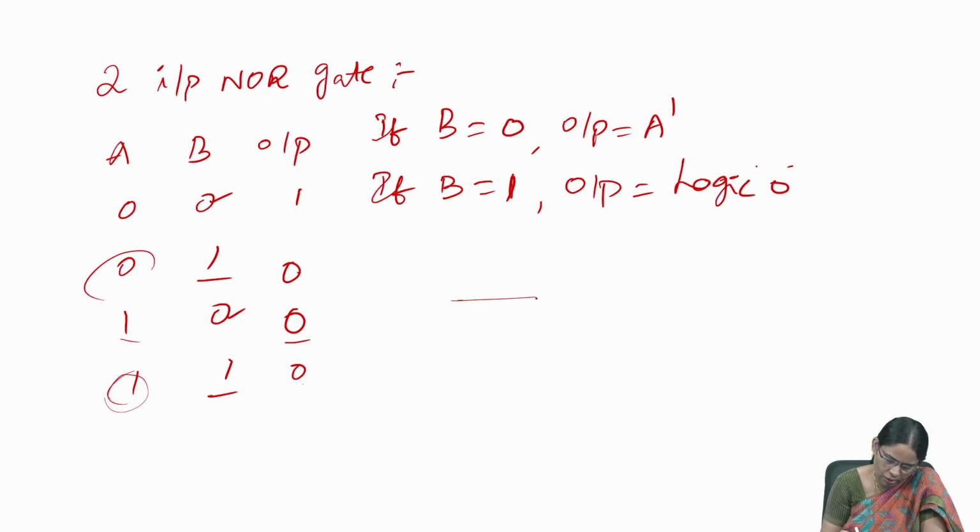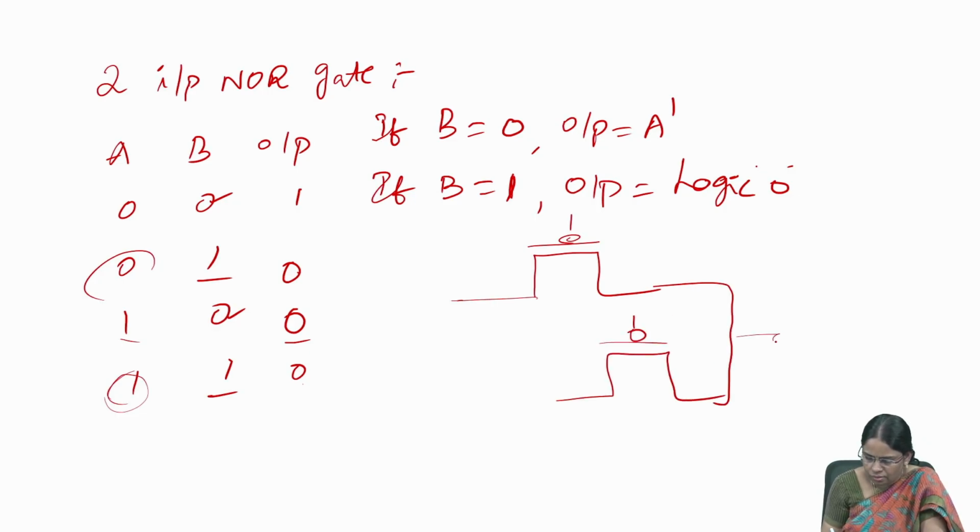Let us consider the PMOS logic, with 2 inputs, 2 transistors. So always the PMOS is on for B equals to 0. So directly for B equals to 0 I am giving B, and then here it is B dash.